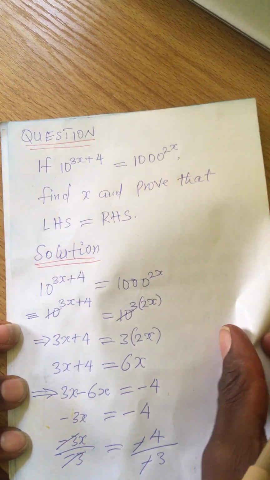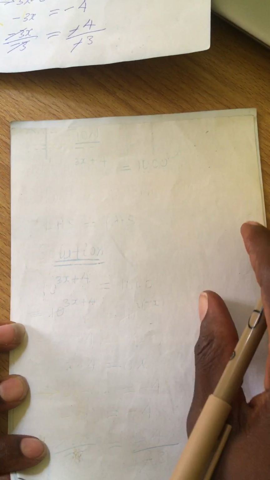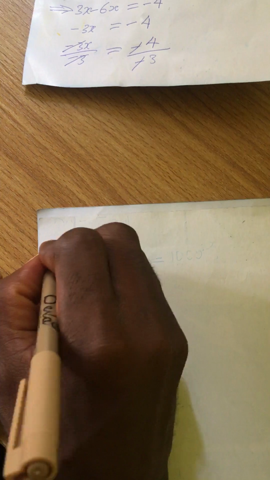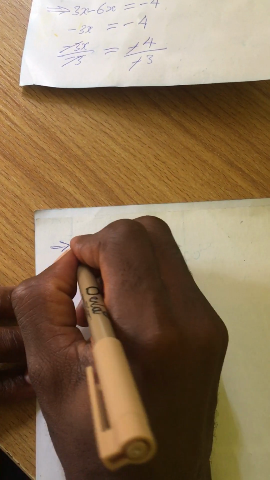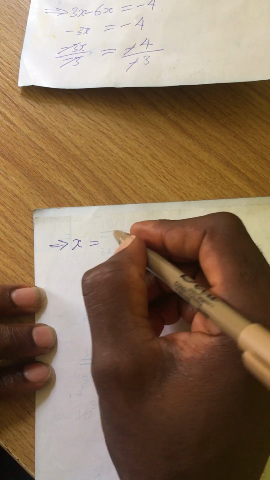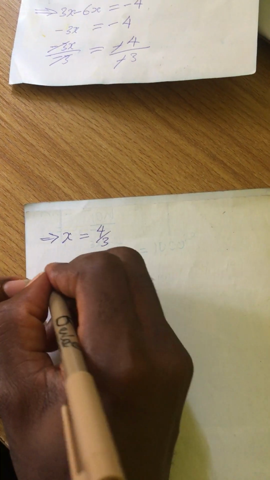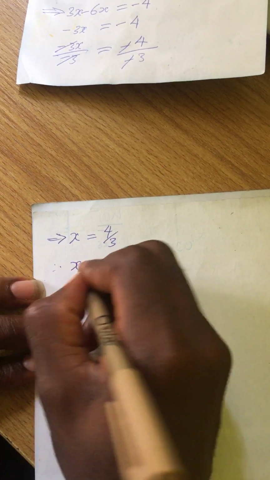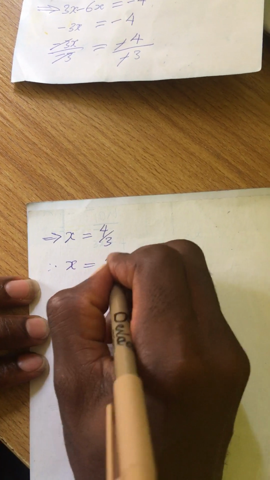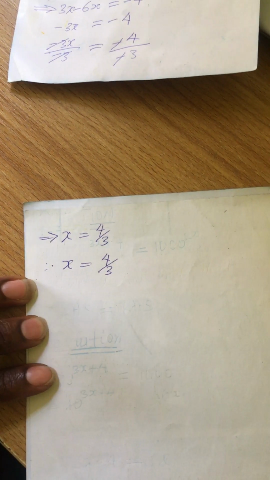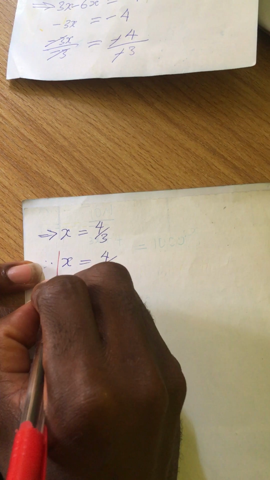So the next answer will be that x is equal to 4 over 3. So therefore, the value of our x is equal to 4 over 3. I think we've succeeded in getting our x.